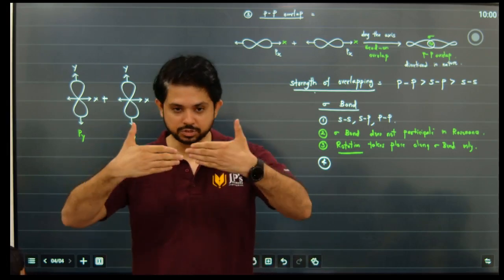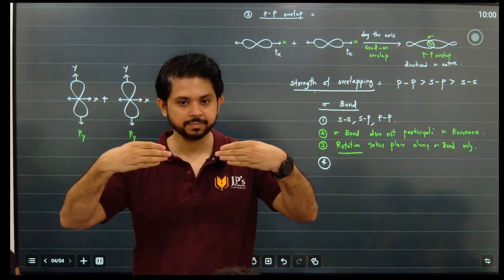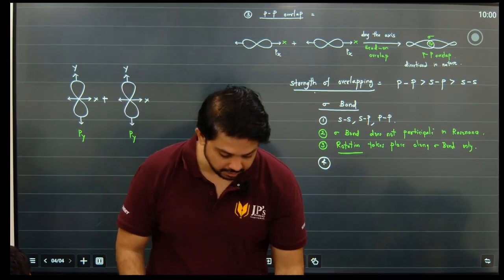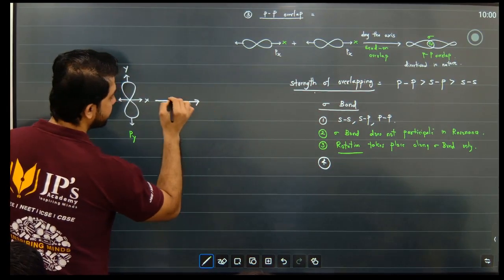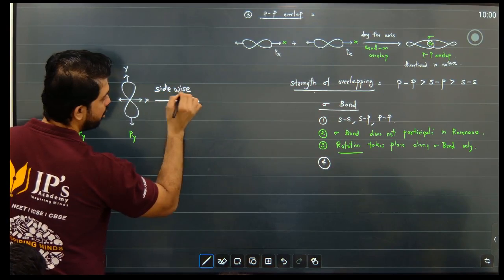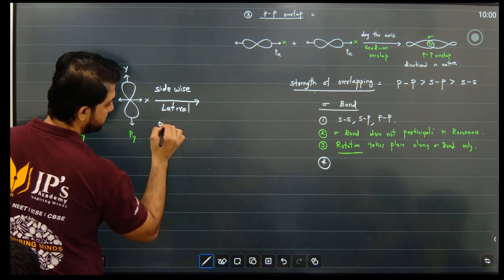I repeat, this was along the axis overlap, so दोनों coming along the axis. यहाँ पे they are coming like this, sidewise overlapping, or this is called as lateral overlap.